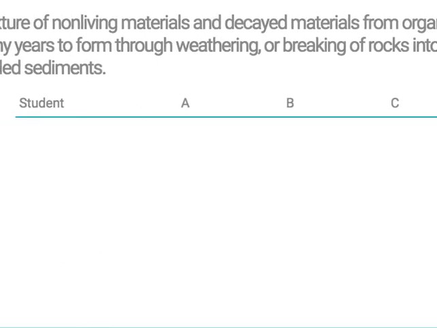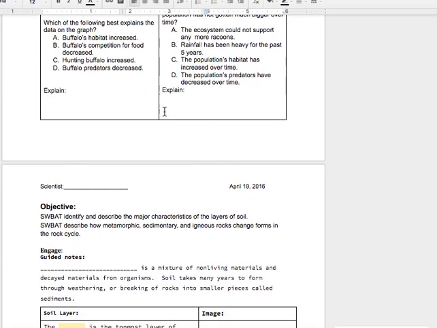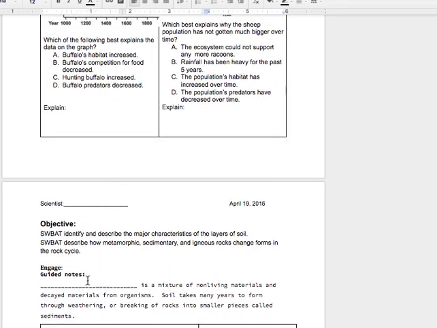So on your packet, when you're filling in the blank on guided notes, your answer should be soil layers. And if you see on the bottom of your screen, I'm going to actually add in the correct answer for this. Soil layers.